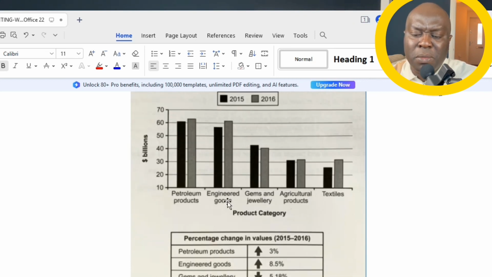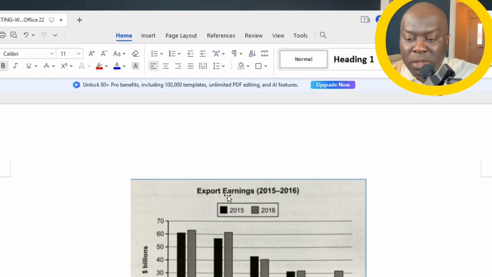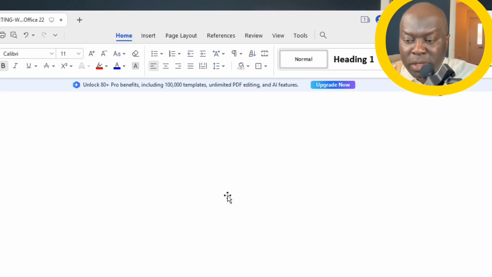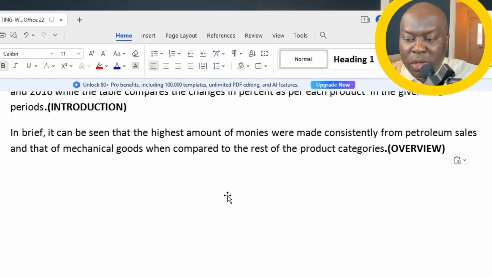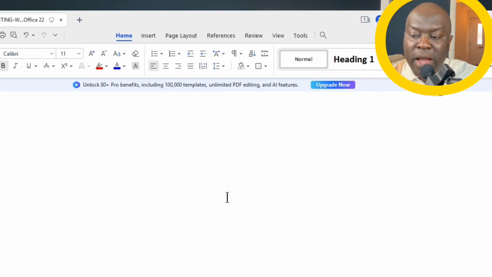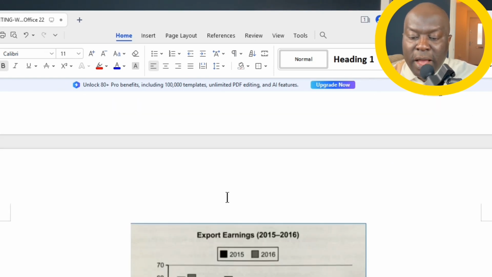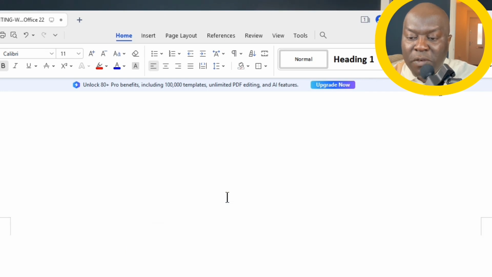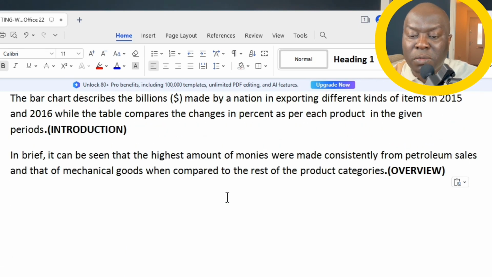The petroleum product can as well be fossil oil, but we can still come to that. What did I use here? Petroleum sales. Okay, fine. So this is what the overview is.